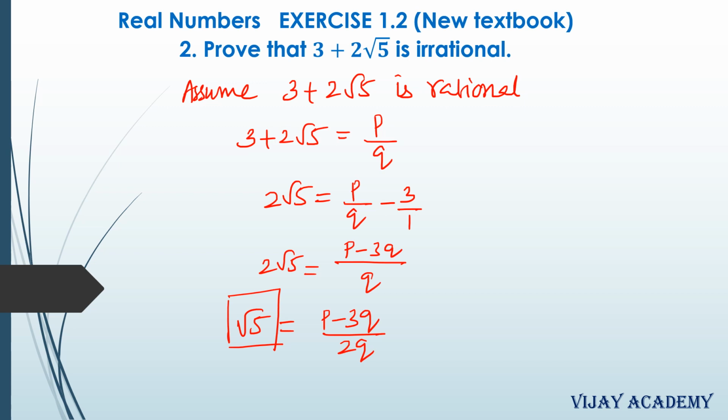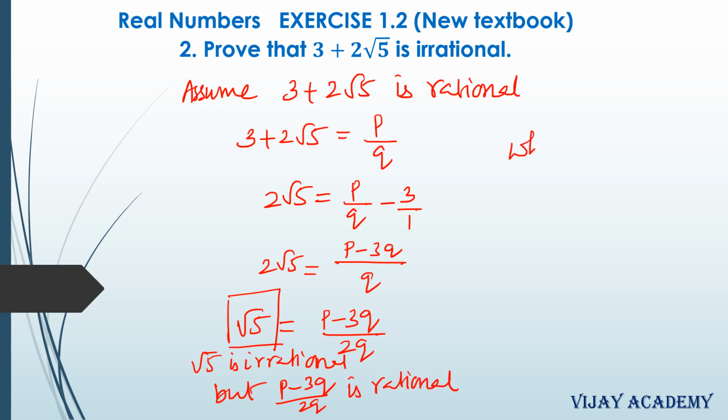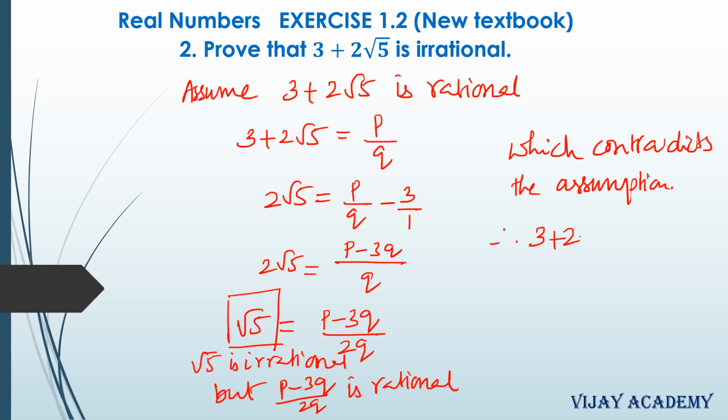So now we can write that root 5 is irrational, but p minus 3q divided by 2q is rational, which contradicts the assumption. Therefore we can write that 3 plus 2 root 5 is irrational.